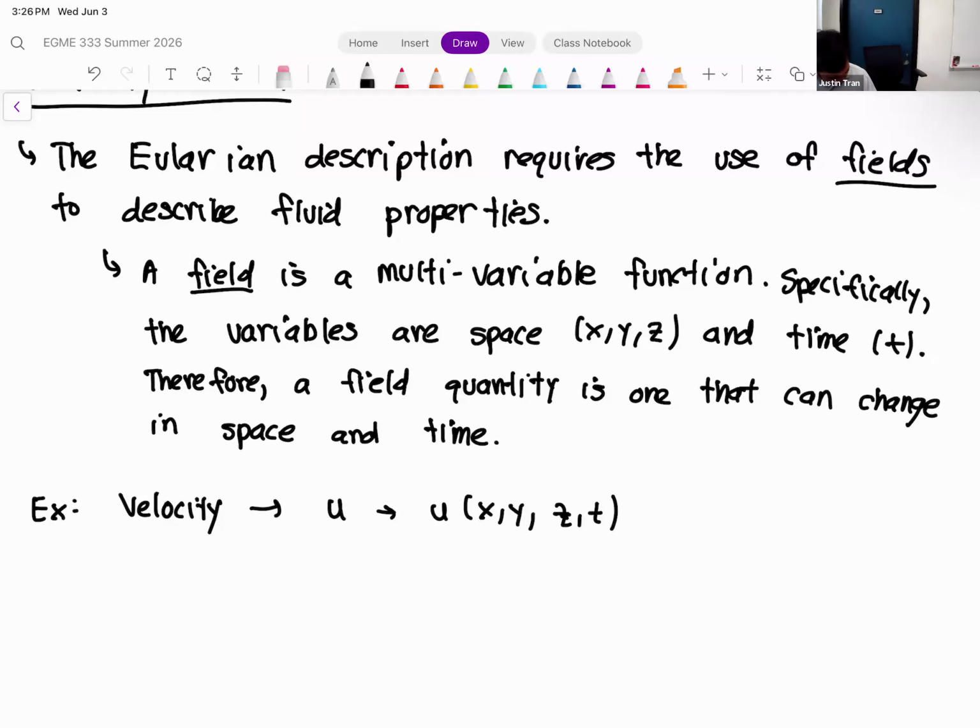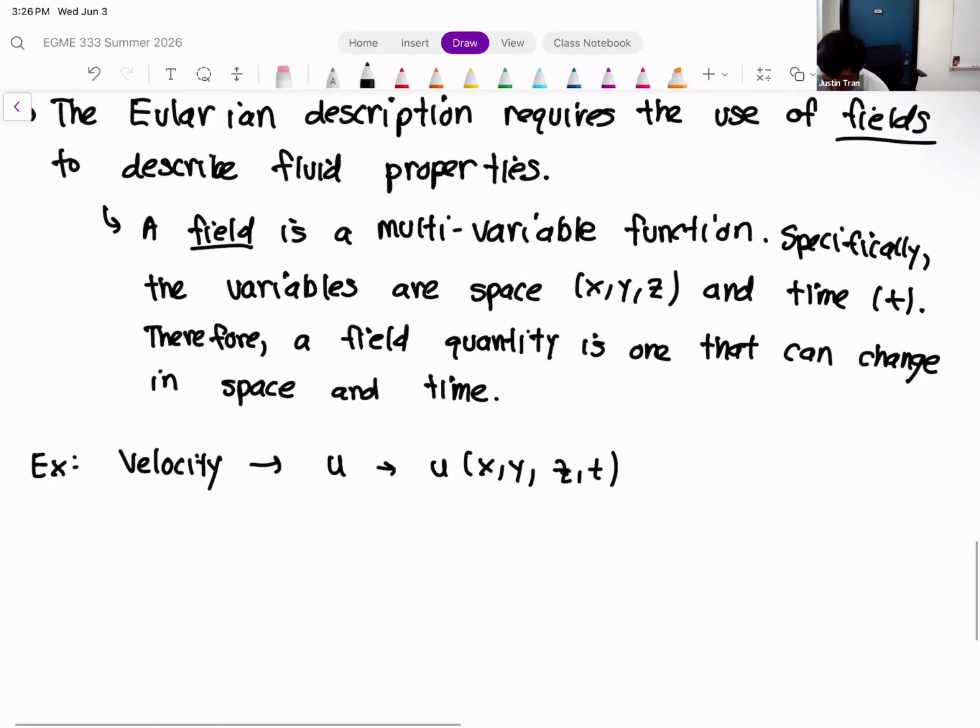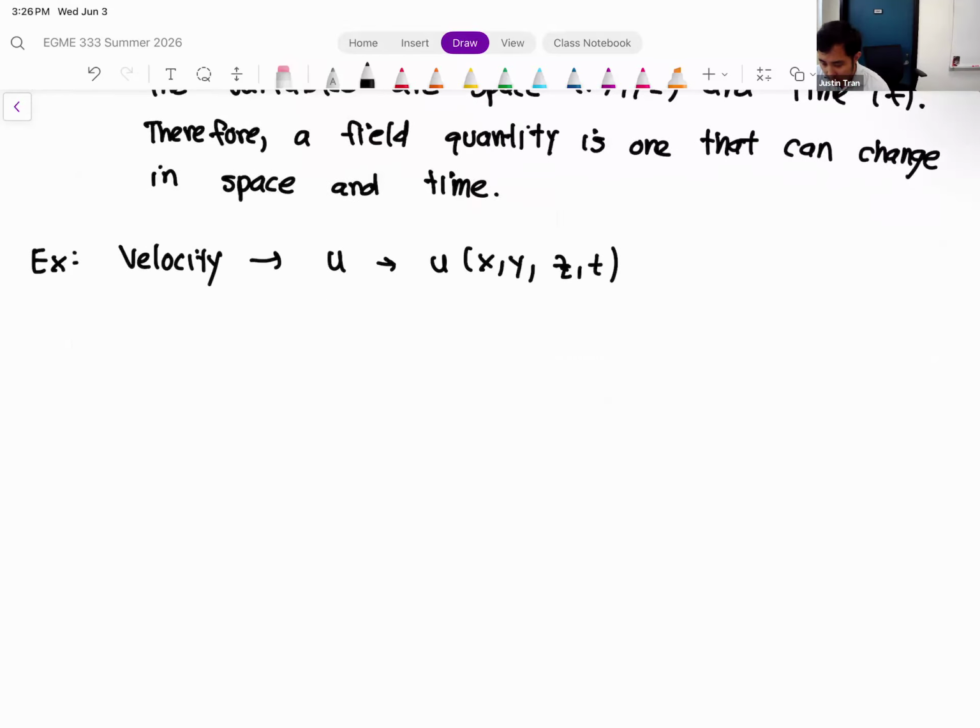All right. And if you think of it in that way, we look at our Eulerian description. Remember, for our Eulerian description, we have probes at these locations. So connecting these two ideas, each of our probes here has a fixed location in space, so it has an x, y, z coordinate.